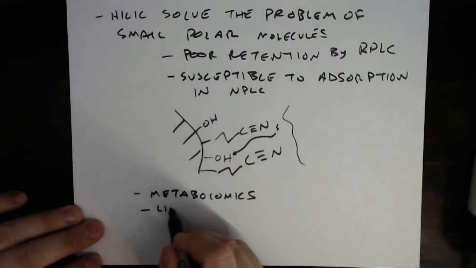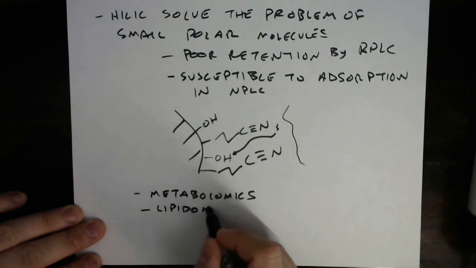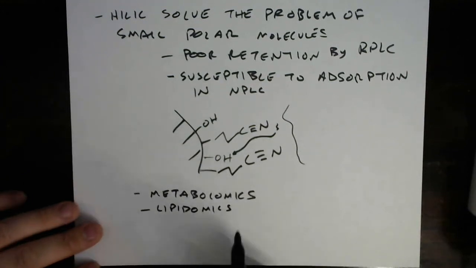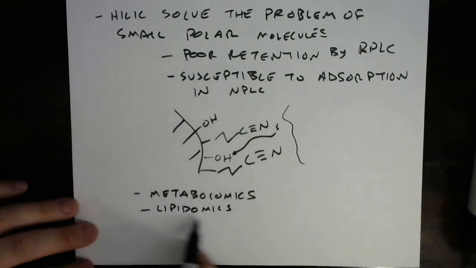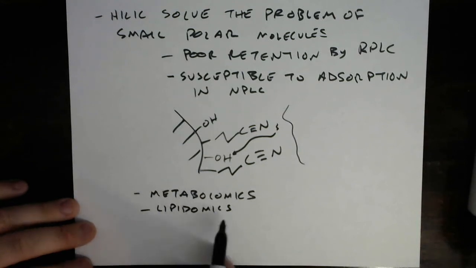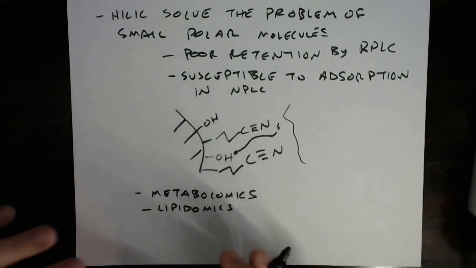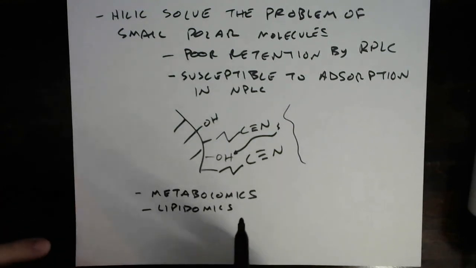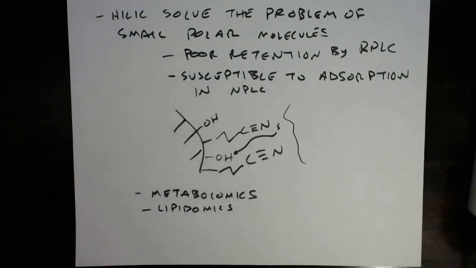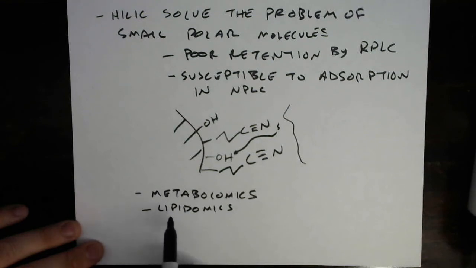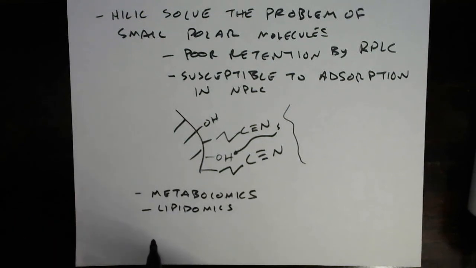It's also useful in lipidomics. If you know what a lipid is, and you know what omics is, you can figure this out. Basically, the idea is the study of all of the lipid components of biological systems. And lipids are challenging because they're not that big, and they also have this partly hydrophilic, partly hydrophobic property that's nice to have in this HILIC type environment.